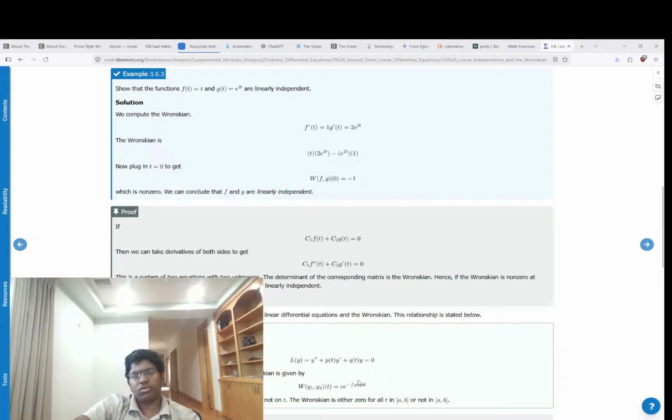Why the determinant though? That's my question. So obviously you have some functions. You take the derivative. You get a linear system multiplied by the constants is equal to 0. And we're basically just asking, does there exist a C such that C does not equal 0?